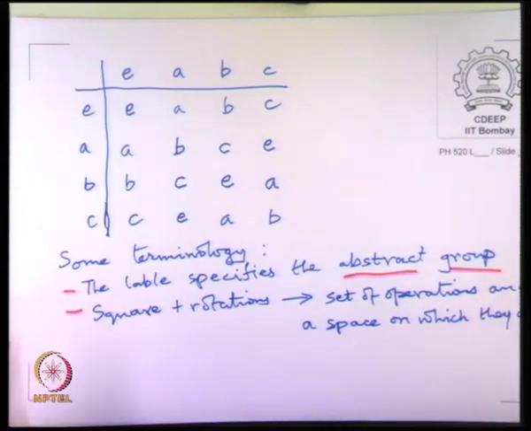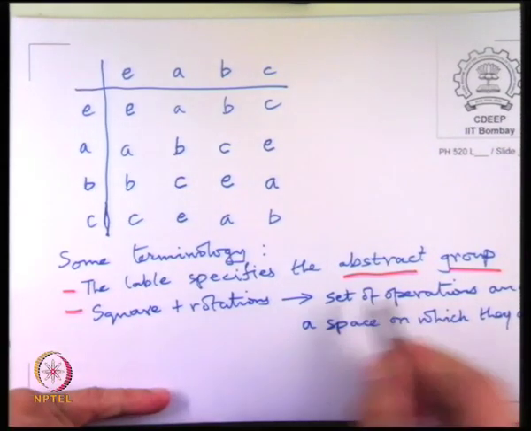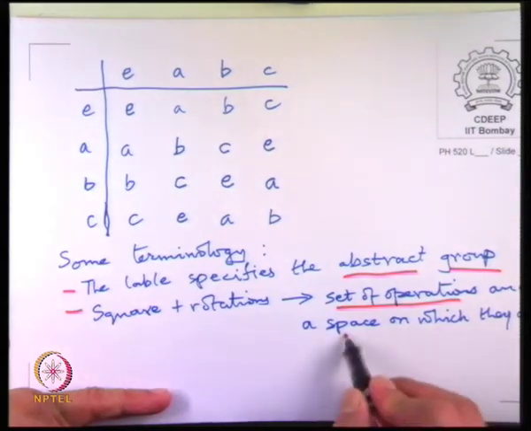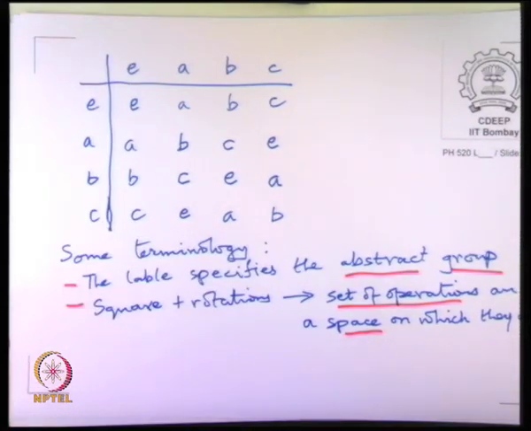So, this is the generic property of any group. Although if you are just given the multiplication table, that is enough to define the group. In practice, you will want some realization of it.